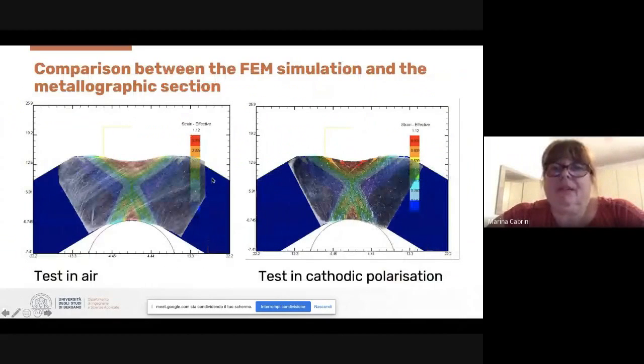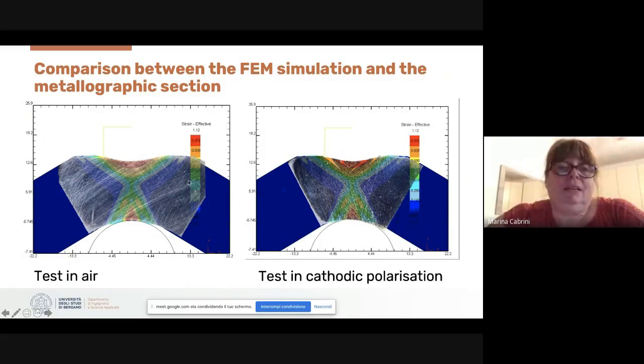Now here is another example. In this case, the defects are smaller, but the specimens still had higher mechanical characteristics, and we can see the simulation, which is the same image, and the transparency is the metallographic section of the specimen.